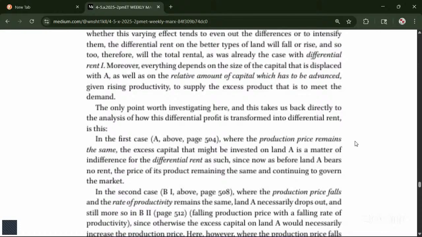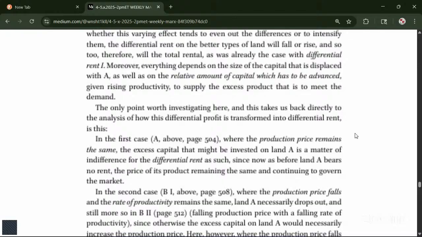In the second case, B1 above, page 508, where the production price falls and the rate of productivity remains the same, land A necessarily drops out, and still more so in B2, page 512.